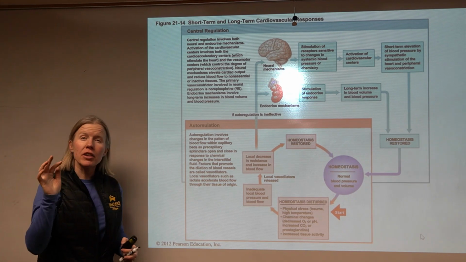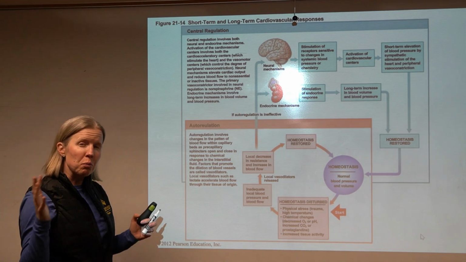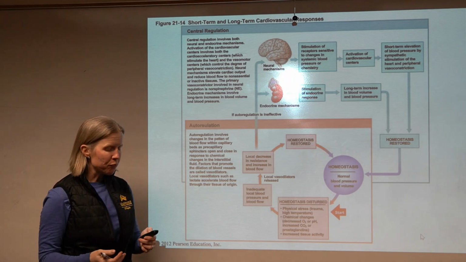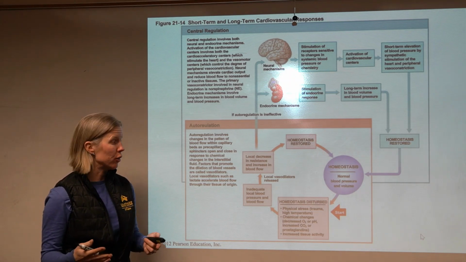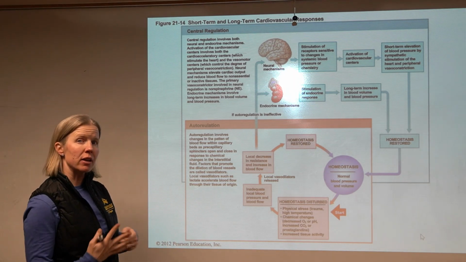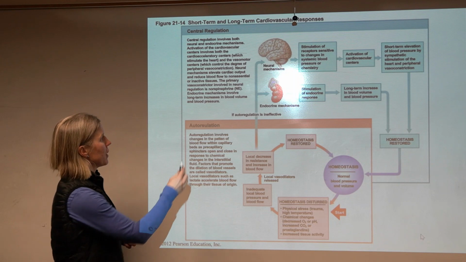All right, and then to start moving towards wrapping things up, we want to think about the control of this cardiovascular system. So this is a trend, you'll see this over and over again in the systems that we're working through this semester.